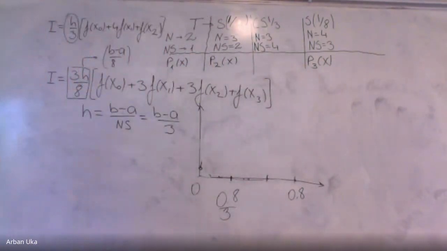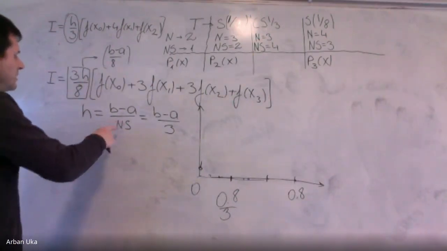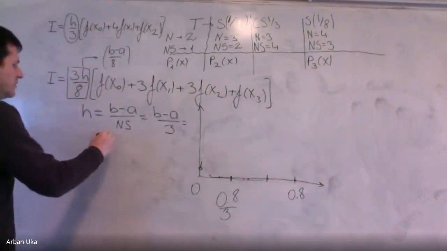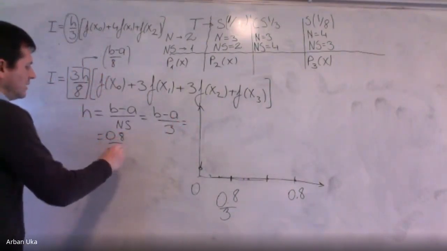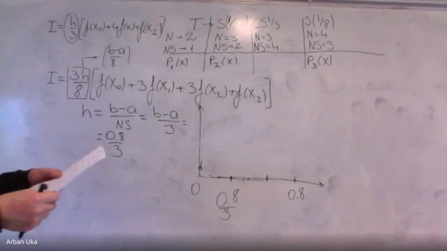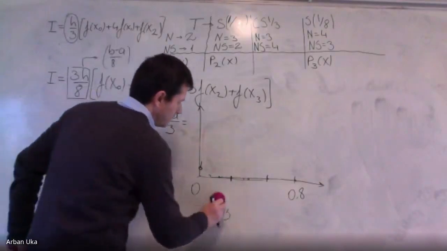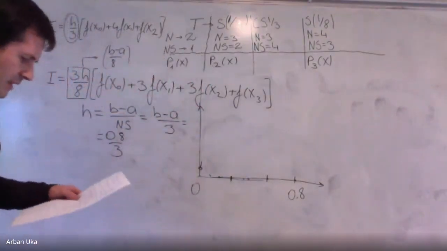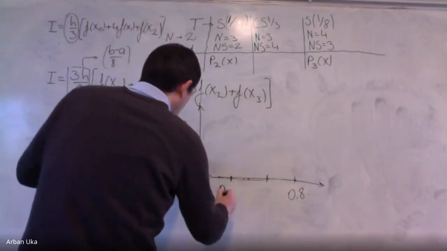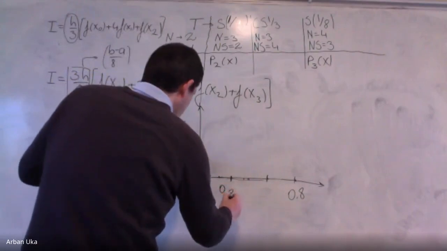And now we look at this domain, and what is h, in this case b minus a over 3, is going to be 0.8 divided by 3. And this is something like around 0.26. The next point will be 0.27.